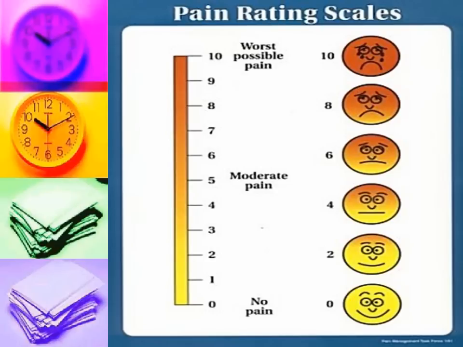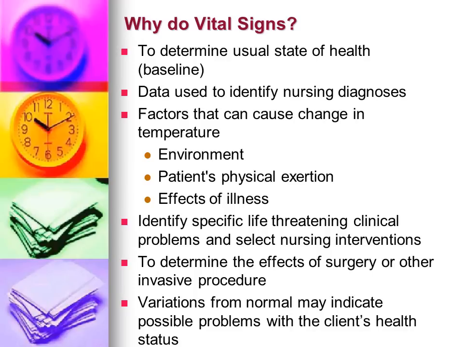You can also use the little smiley faces with a very happy smile at 0 and then frowny with lots of tears for 10, and point to this and let the patient tell you which one reflects how they feel. This could be for a client that may be a child or a client that does not speak English.